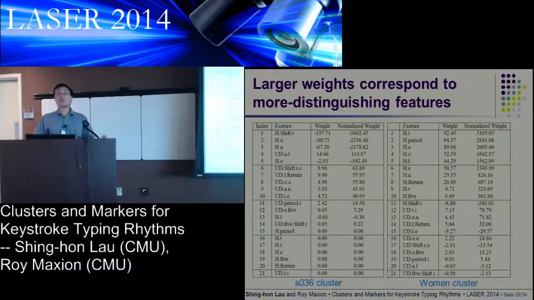So they're at least somewhat distinguishing of typing from subjects in the woman cluster. But if you look at this table, you'd be hard-pressed to tell me what the marker is, what is it about the typing of either of these clusters that sets them apart from the remainder of the population. So the next step will be to distill these features into markers for each cluster.